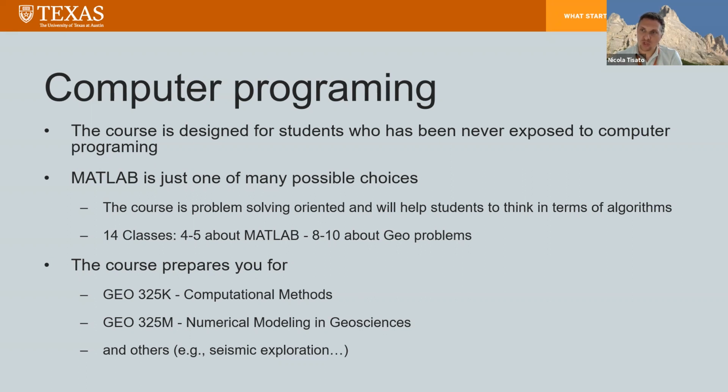We chose MATLAB also because other courses in the department use MATLAB. And this course prepares you to take other computational courses like 325K or 325M, but also courses such as seismic explorations and others.